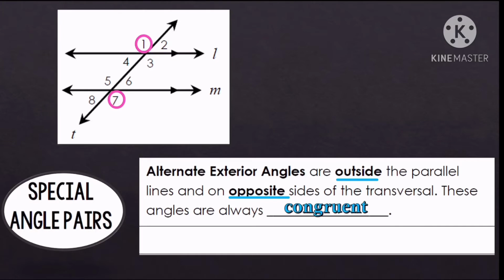Notice how they are outside those parallel lines and on opposite sides of the transversal. Another pair is 2 and 8. There's only 2 pairs, okay? They have the same measure, meaning 2 and 8 are the same and 1 and 7 are the same.